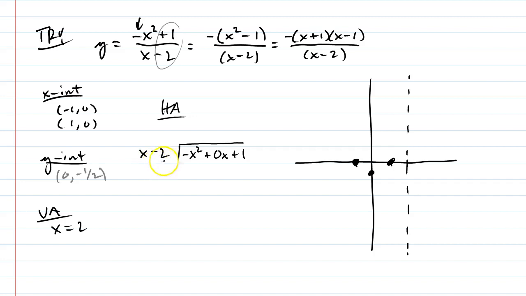And yes, you could be synthetically dividing, but again, I just prefer to long divide these because it's pretty quick. So negative x times x will give me negative x squared. That will turn into 2x. When I subtract, I will get negative 2x plus 1. And then this right here times x should be negative 2 to get negative 2x.